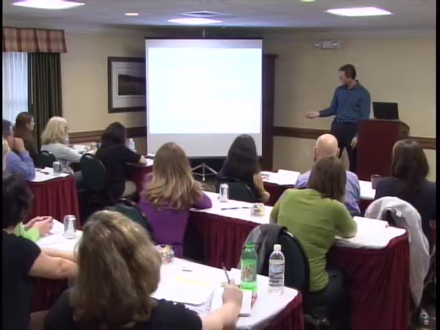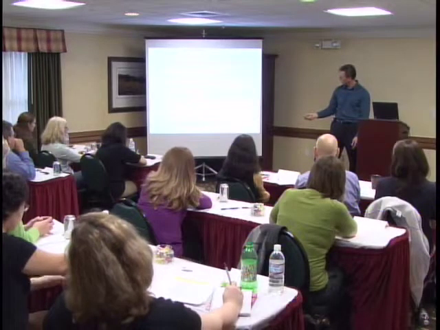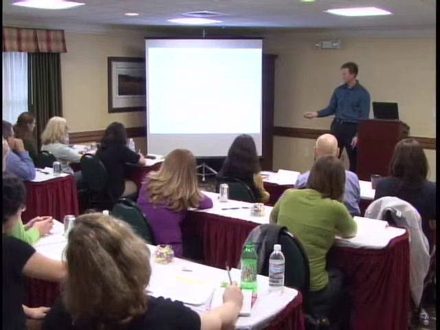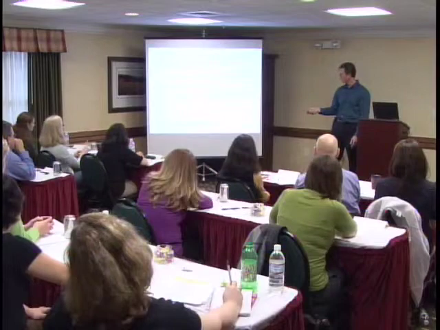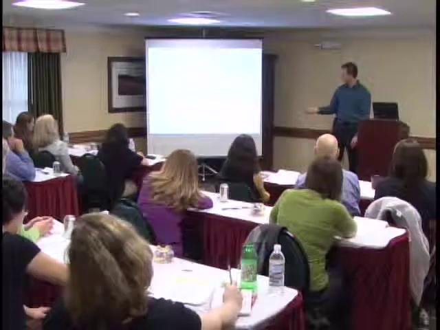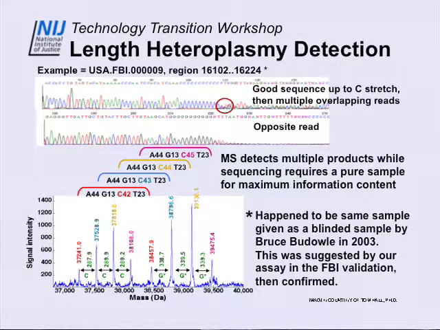Now, the mass difference between this peak and this peak is exactly the mass of a C, an internal C within a piece of DNA. On the other side, the mass between these two peaks is exactly the same as a G. The G we use is carbon-13 enriched. Same here and here. Now, when we get a base composition from these two, we see this composition, 44, 13, 42, 23.